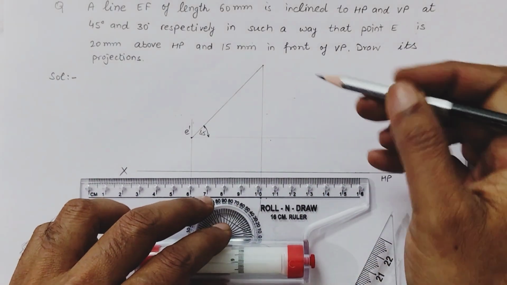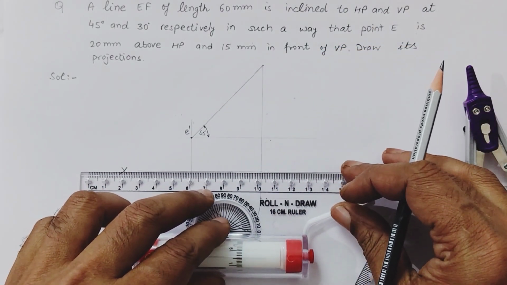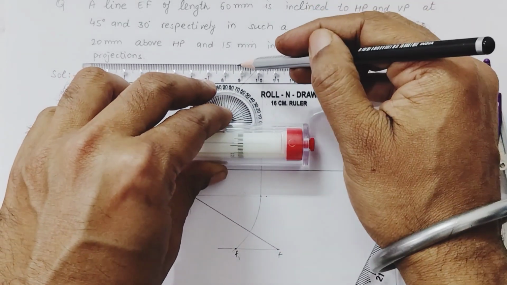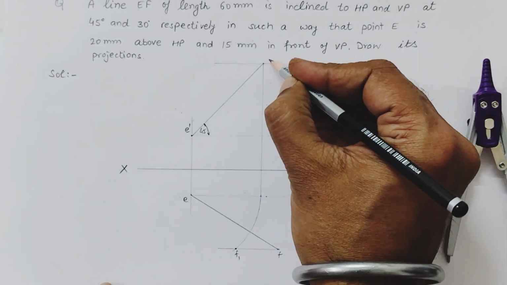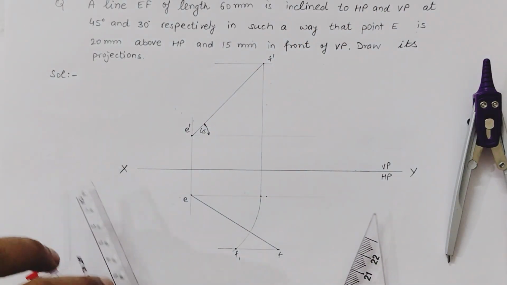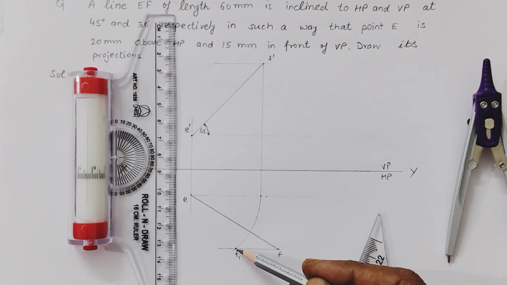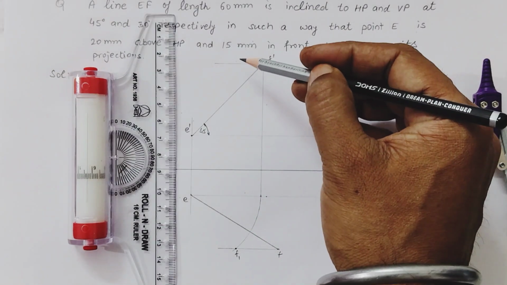Similarly, we have to draw locus of line through this point F dash. This point is F dash. Then pass a projector line through this F dash to locate F dash here.